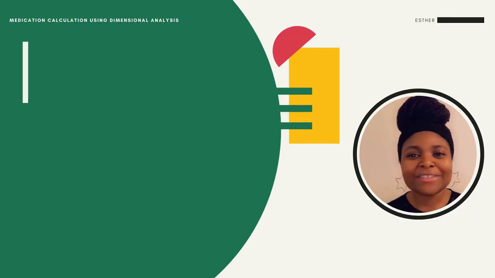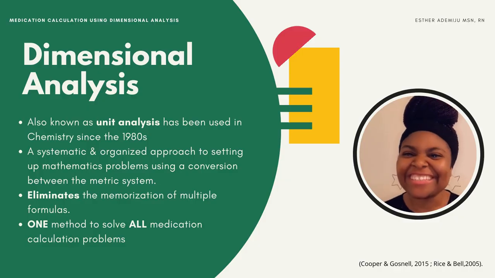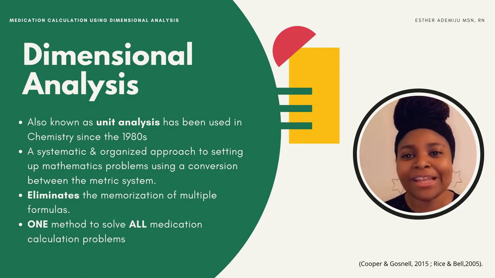Okay? So what is dimensional analysis? If you have ever been in a chemistry class or course, you have probably seen this before. It's also known as the unit analysis. It's a situation whereby we're using a systemic and organized approach to solve math problems.